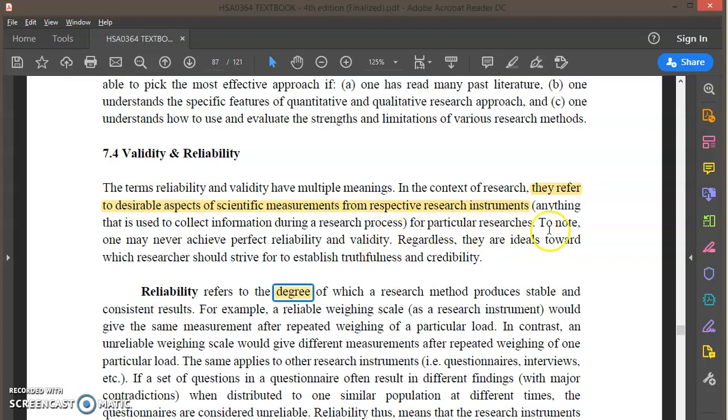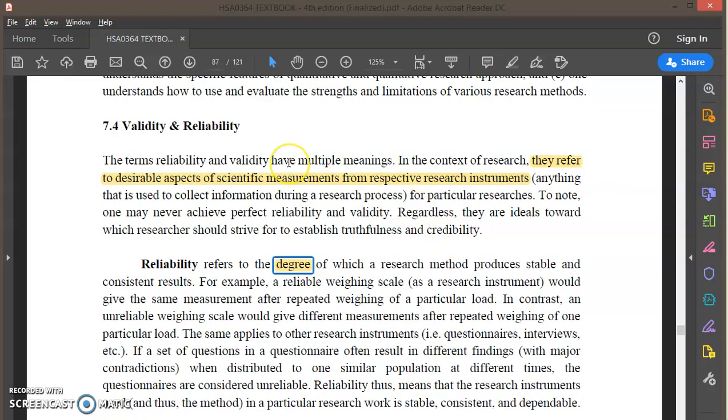And it says here to note, one may never achieve perfect reliability and validity. Regardless, there are ideals towards which researchers should strive for to establish truthfulness and credibility.